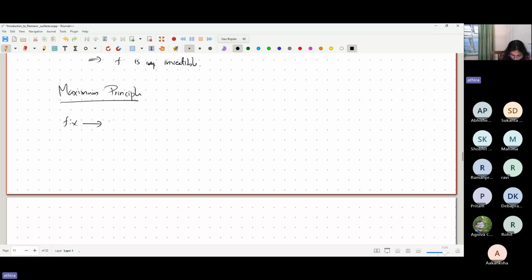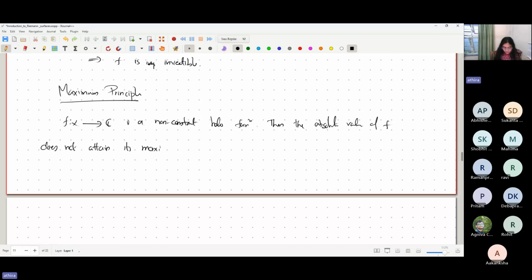Suppose f from X to C is a non-constant holomorphic function, then the absolute value of f does not attain its maximum. This is also a very easy proof.